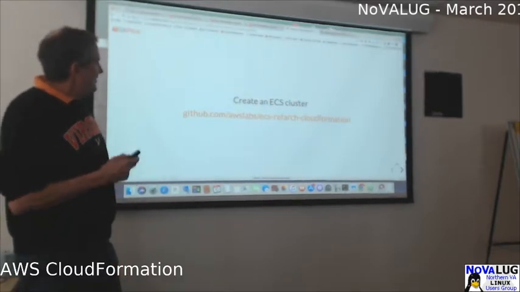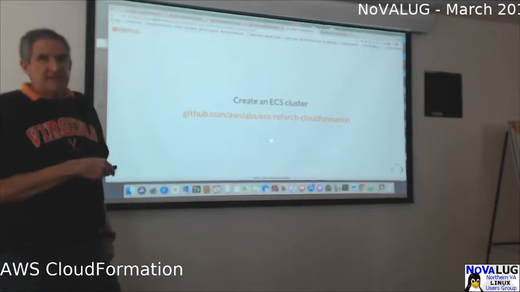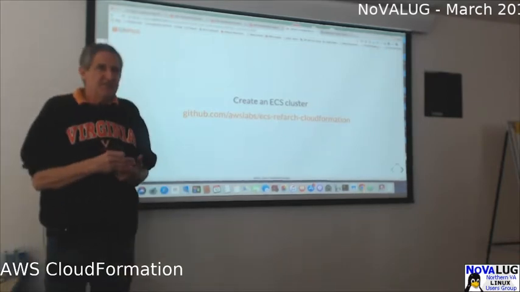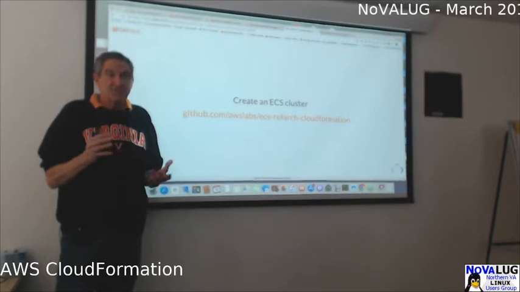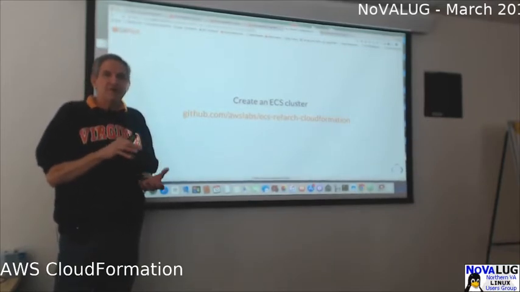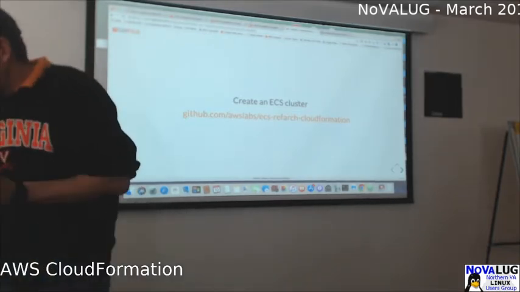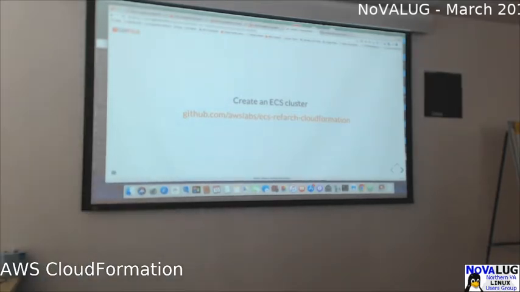Let's go a bit further. This is the whole thing I really wanted to talk about. This is a really good example of CloudFormation creating a more serious environment, and it's a really good reference for how CloudFormation works. So let's take a look at that. All right.